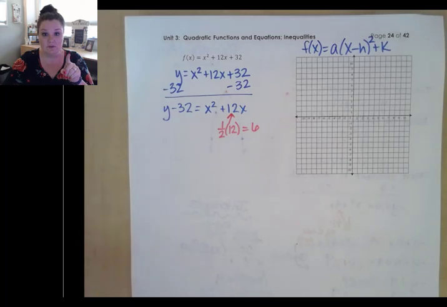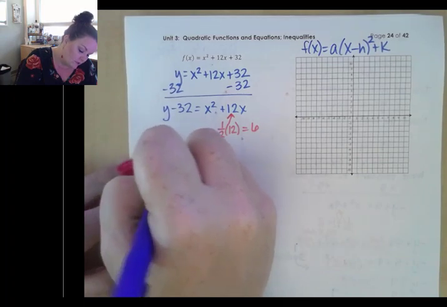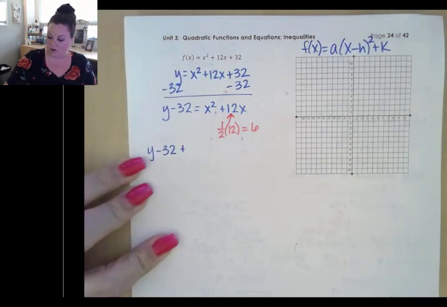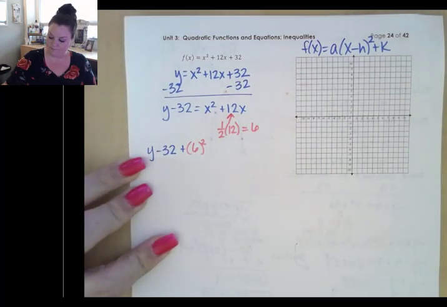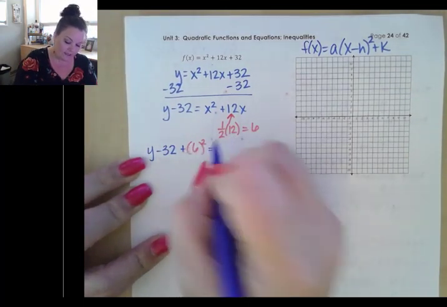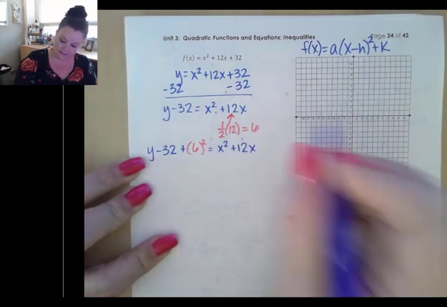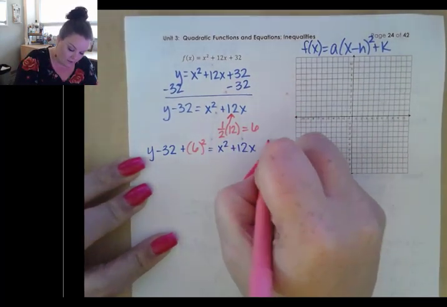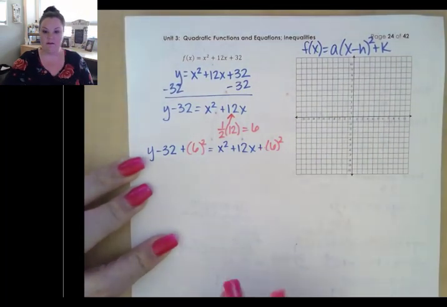Even if you plan to do the shortcut, make sure you square it and add it to both sides. So we have our y minus 32 on this side, and we're also going to add in our 6 squared. And on the other side, we have our x squared plus 12x, and we're going to add in our 6 squared to that side as well.